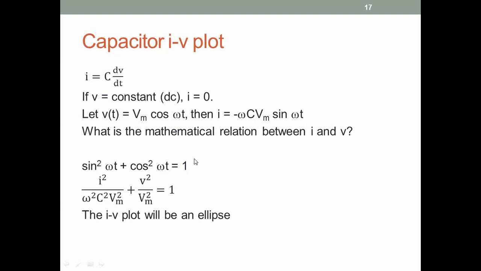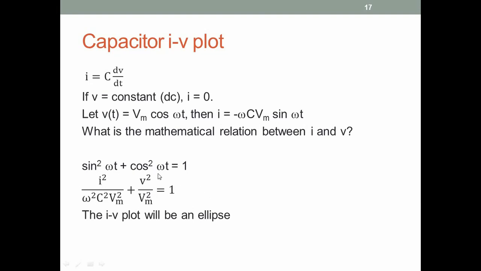So we use the trigonometric identity. We know that sine squared omega t plus cos squared omega t is 1. So sine squared from here is I squared by omega squared C squared Vm squared, and cos squared is V squared by Vm squared. So we get this equation. So this relates I and V. What is this?